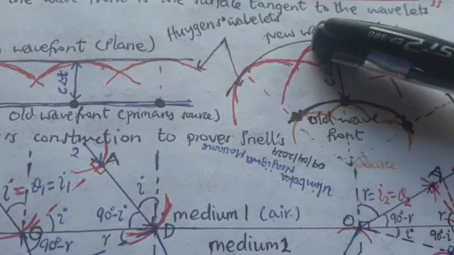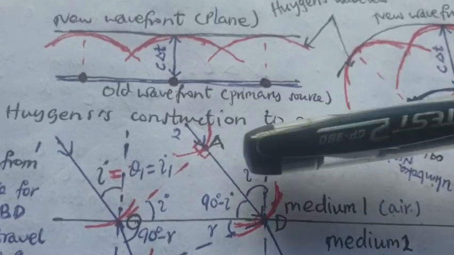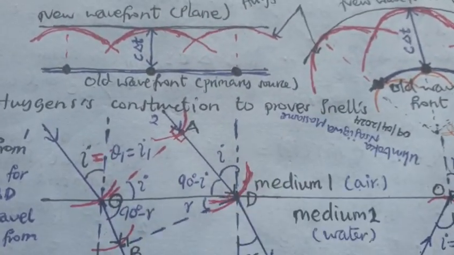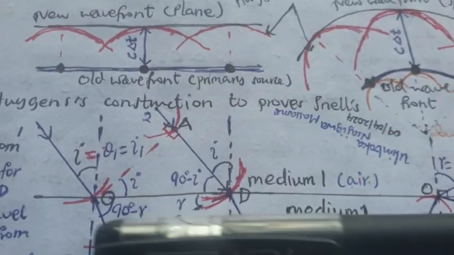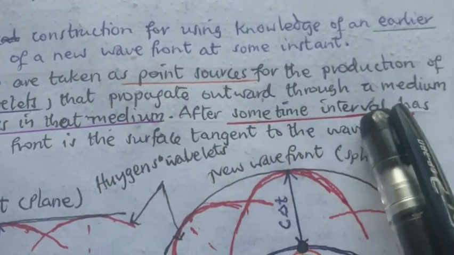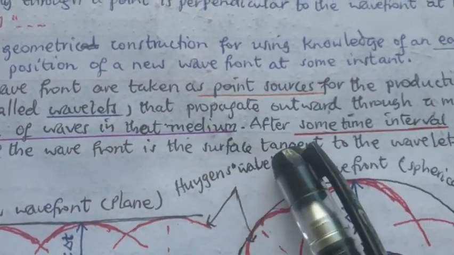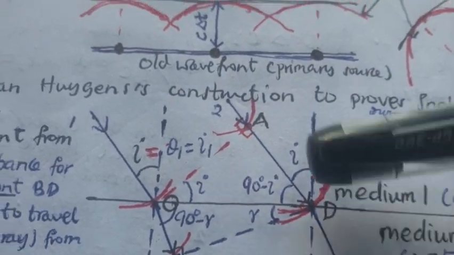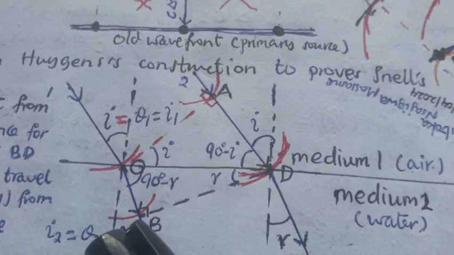Remember, the time taken for the displacements OB and AD of the secondary wavelets that form the secondary wavefront is the same, according to the postulate that after some time interval has passed, the new position of the wavefront is the surface tangent to the wavelets. The new position of the wavefront at the same time interval is BD.